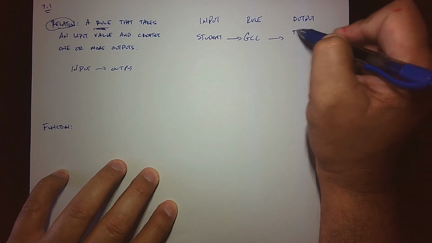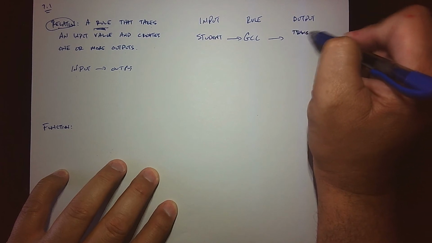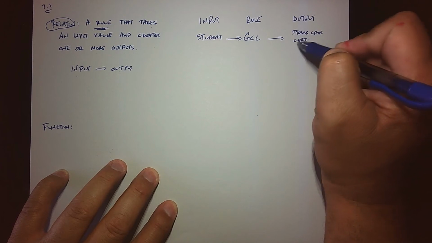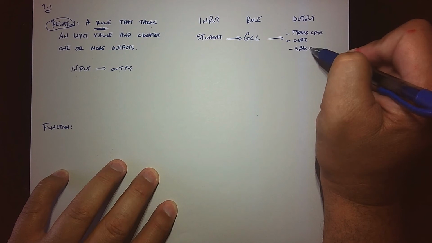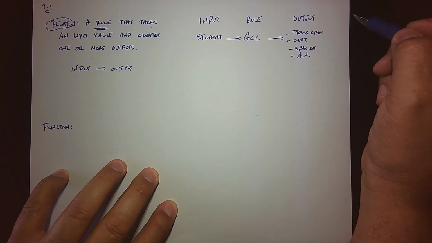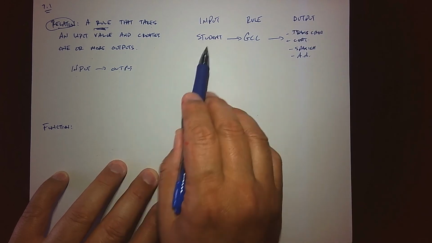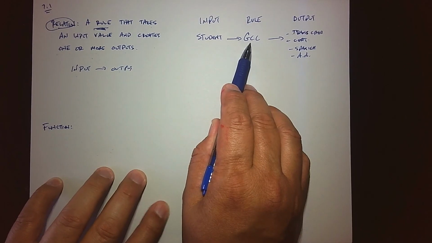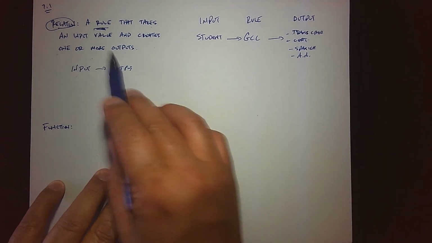Some of you might have some transfer credits. Some of you might have some certification done. Maybe you learned how to speak Spanish or play the guitar. Maybe you earned your AA degree, right? So it's very varied. Again, the idea is that for any one student, the rule, the relation GCC, creates one or more outputs.